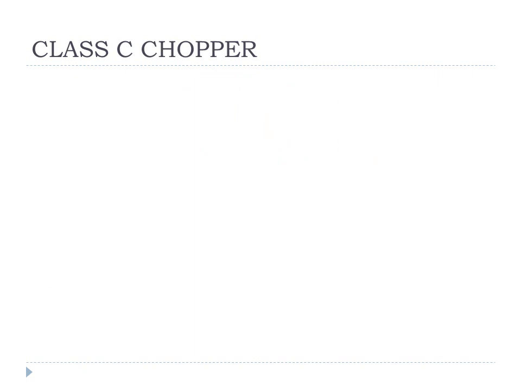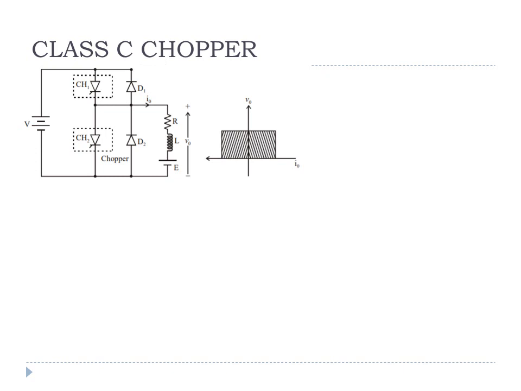Let us see what is the class C operation of the chopper. Basically this is the circuit diagram. We can see that class C operation is actually the combination of the class B and class A chopper. So first and second quadrant operation, when combined, can be used as class C chopper.